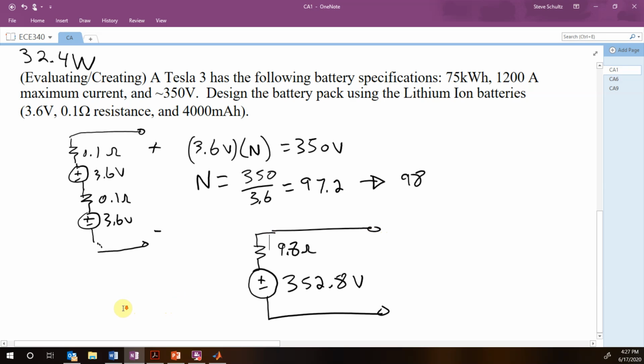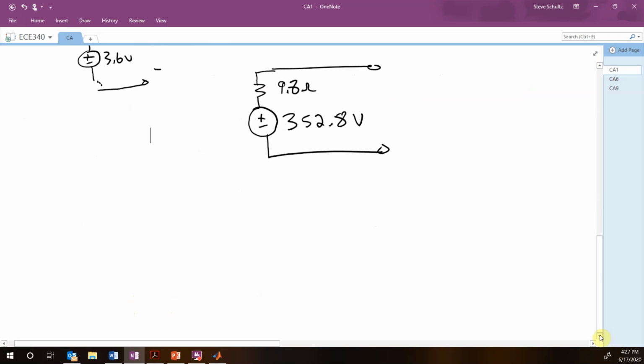So now we're going to go back to our applying. So what is our maximum power? So now our maximum power, or let's look at our maximum current, is going to be if I have a short. So I'm going to have 352.8 volts divided by 9.8 ohms.